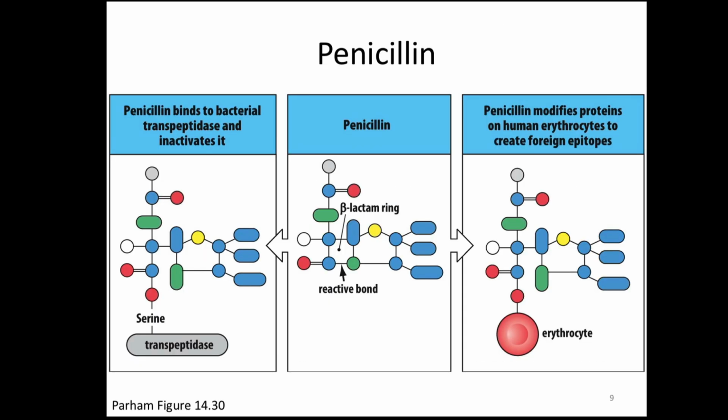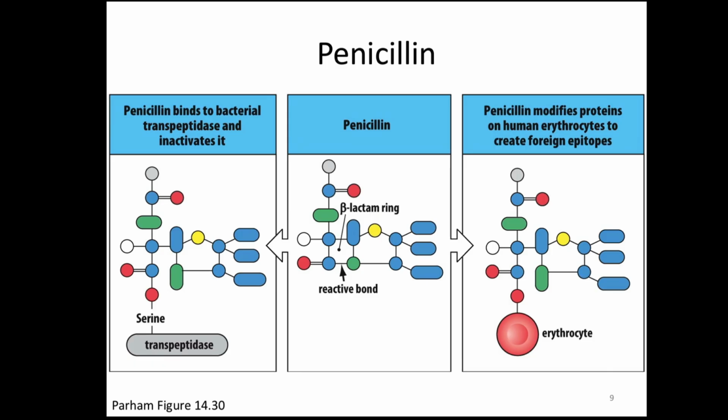You can see penicillin in this image, and so penicillin is the compound that's shown in the middle of this image. And what your textbook is trying to show you here is that there is this particular bond in penicillin that is particularly reactive.